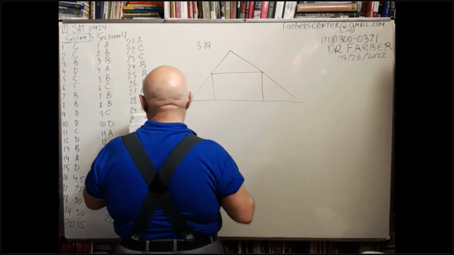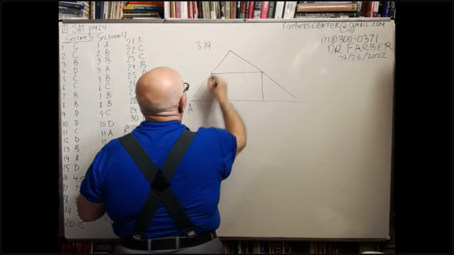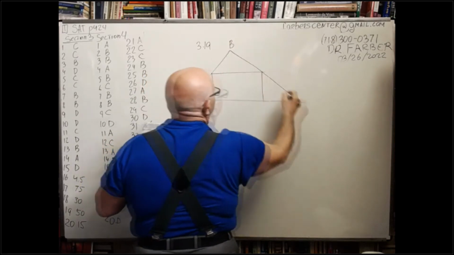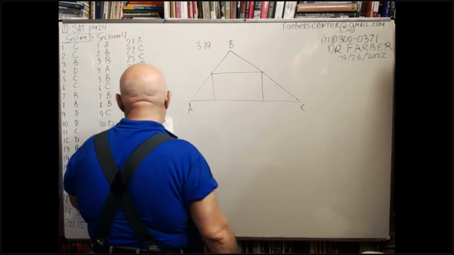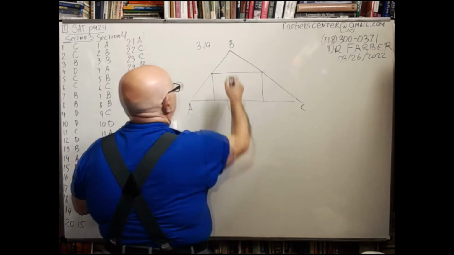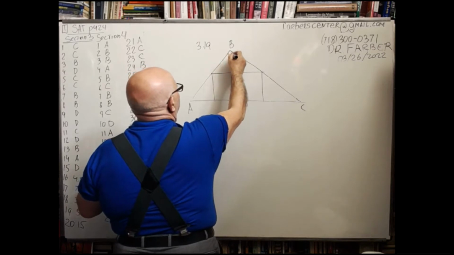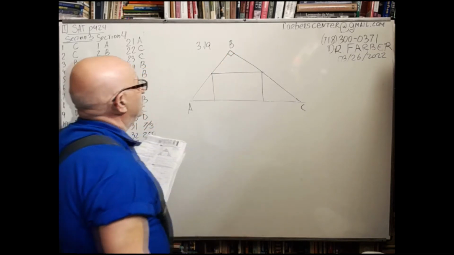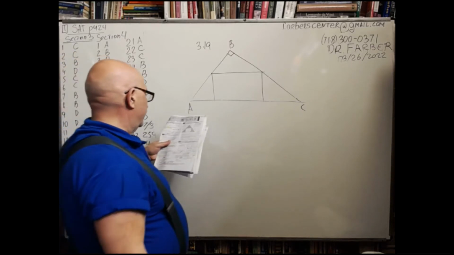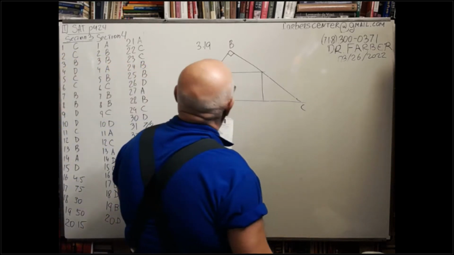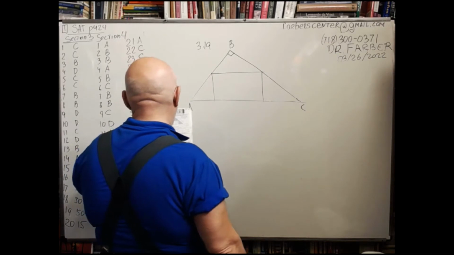And this is ABC. And this is a right triangle. Not only a right triangle, it's also an isosceles right triangle. It's not to scale. Isosceles.